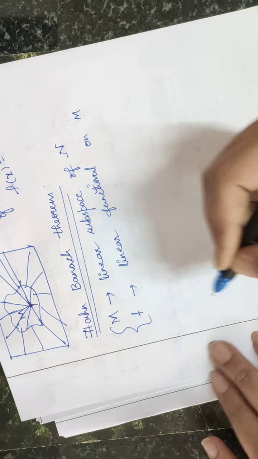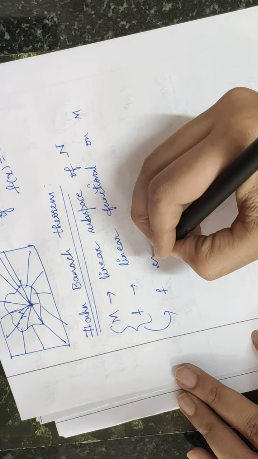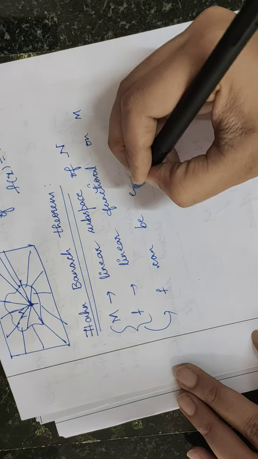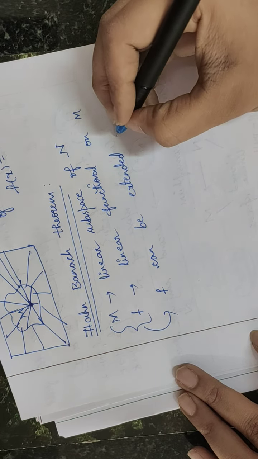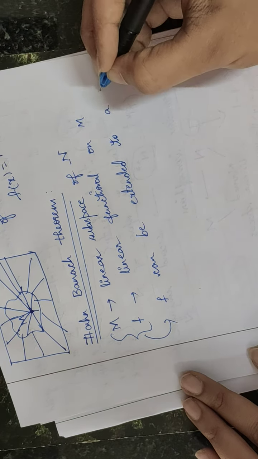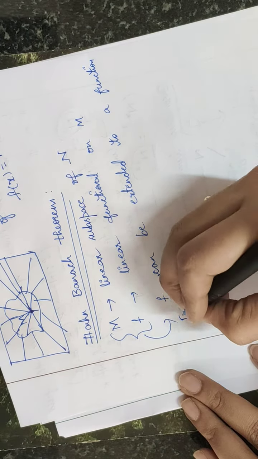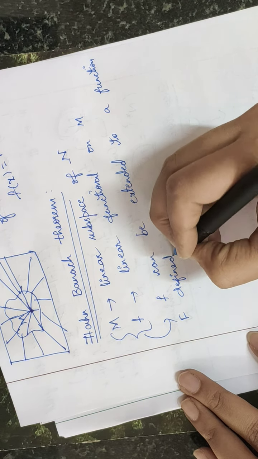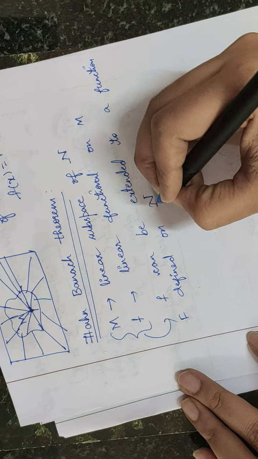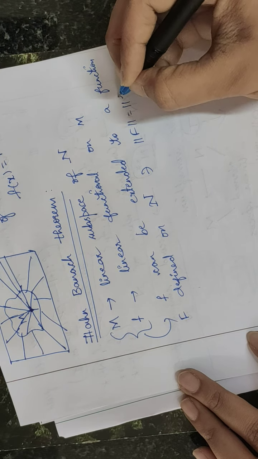If this is the given data, then I have to prove that f can be extended to a function F defined on the whole space N, such that norm F is equal to norm f.